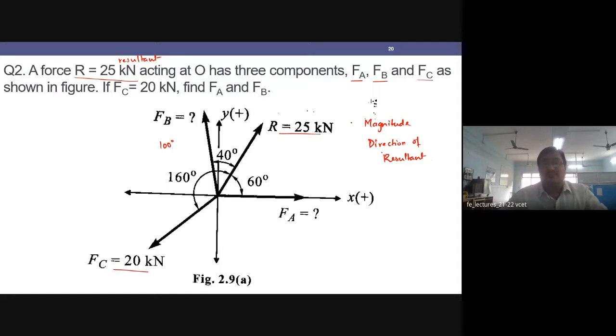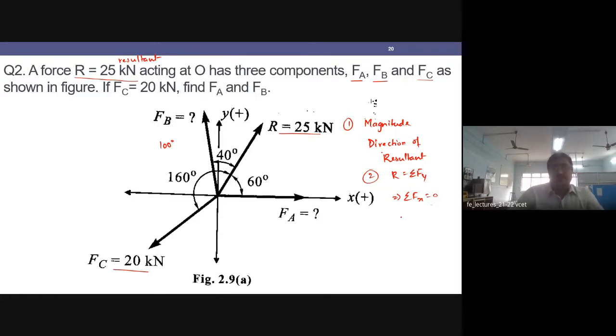So R equal to sigma Fy, which implies sigma Fx equal to 0, and using that we were able to find the magnitude of one of the forces, the tension in the guy cable.